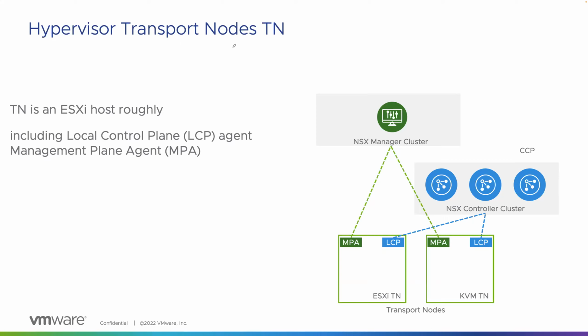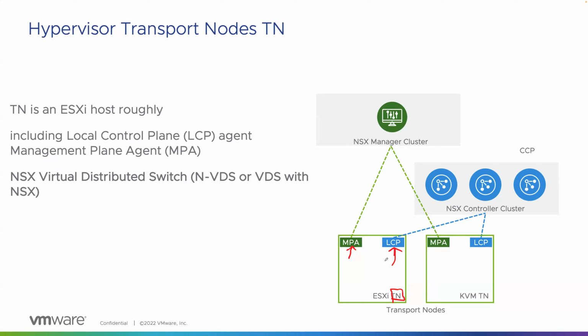Getting into the transport node, we have some small components or functions within it. When we finish preparing the transport node, as I mentioned, it is a particular procedure. NSX installs the MPA and also the LCP module onto your ESXi host.